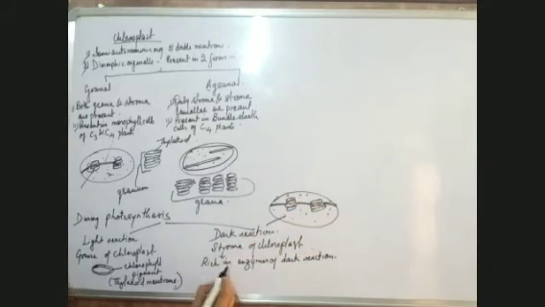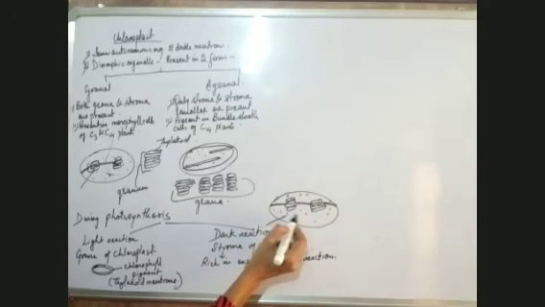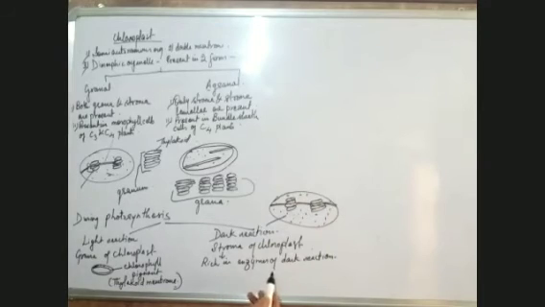The dark reaction takes place in this stroma of the chloroplast, and this stroma is rich in enzymes because the dark reaction takes place here. So the stroma region should have all the enzymes which are required for the dark reaction. One enzyme which is very important is Rubisco.